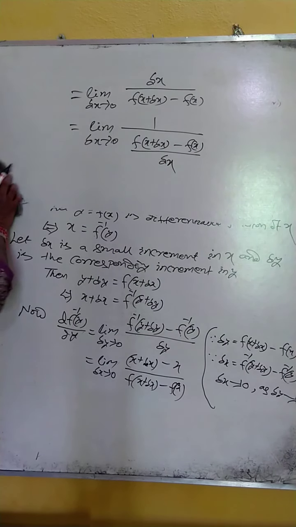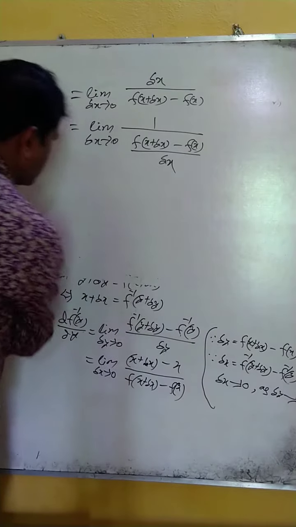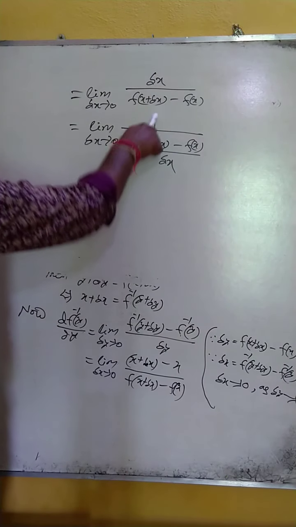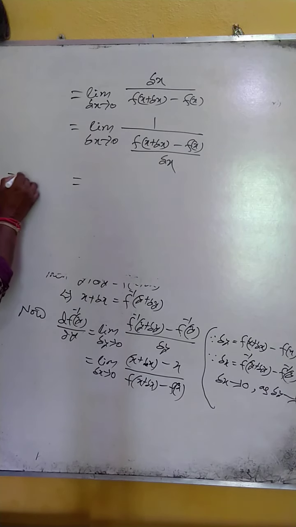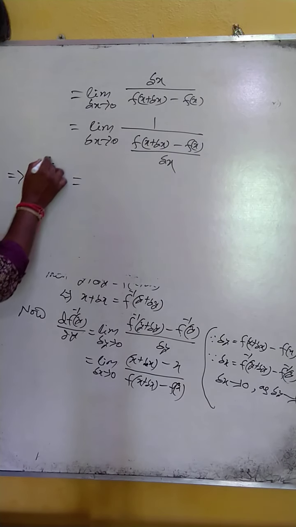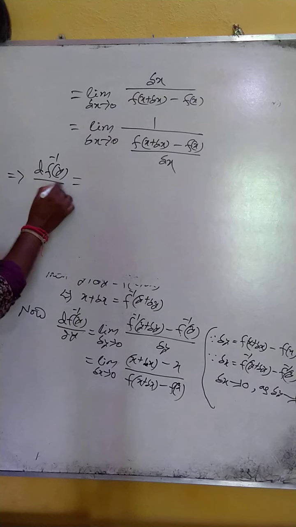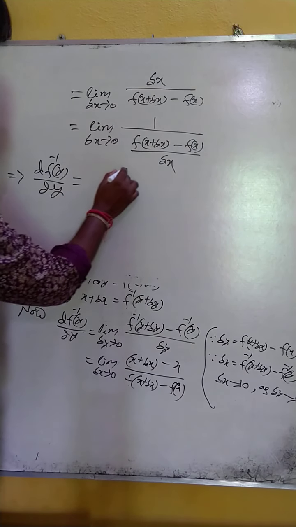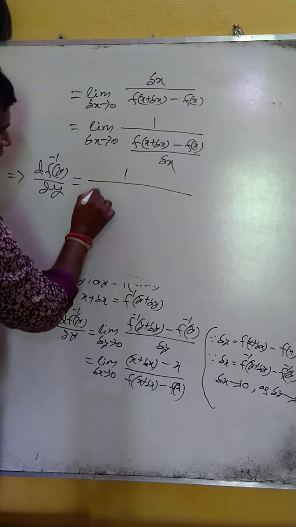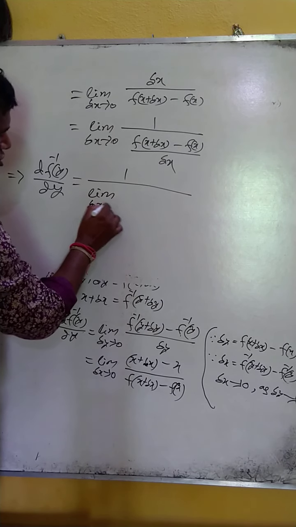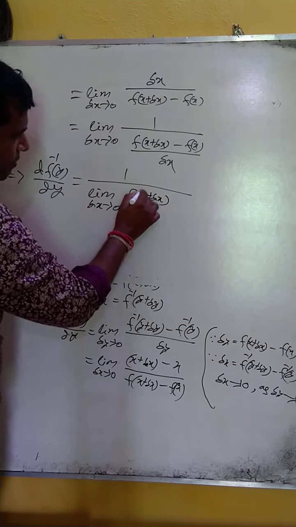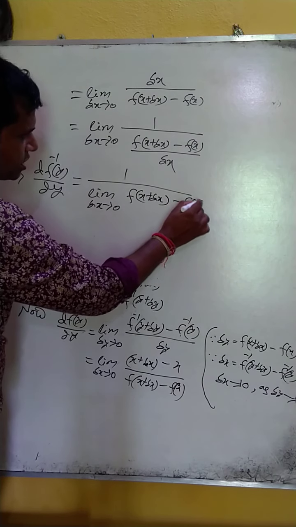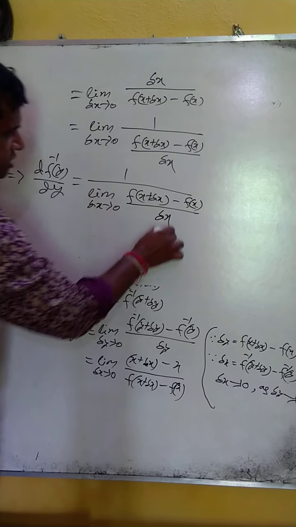If we take the limit on numerator and denominator, we have d f inverse of y divided by dy equal to 1 by the limit as delta x tends to 0 of f of x plus delta x minus f of x divided by delta x.